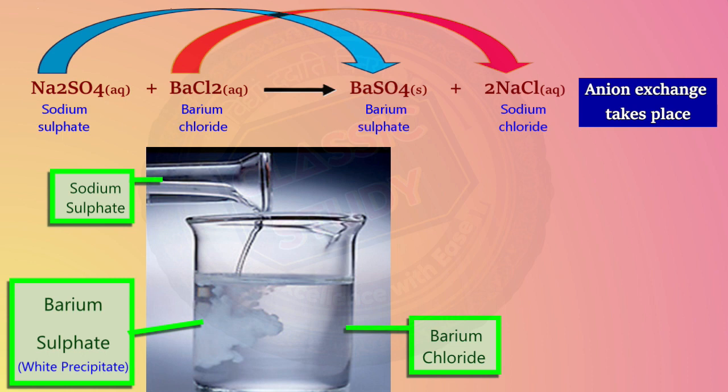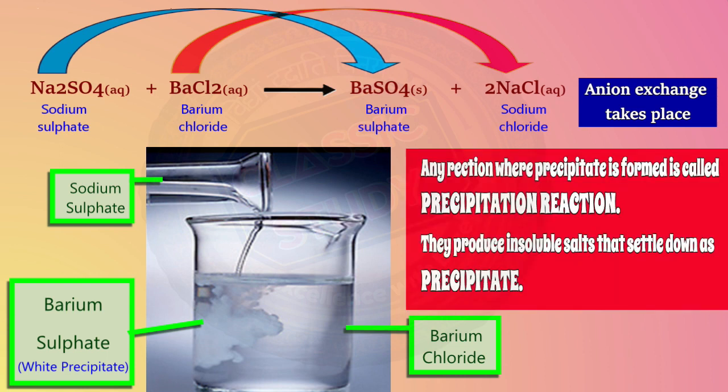So there is formation of barium sulfate, which is a whitish precipitate. Since in this reaction an insoluble salt is formed which settles down at the bottom of the beaker, called precipitate, this reaction is also called a precipitation reaction.